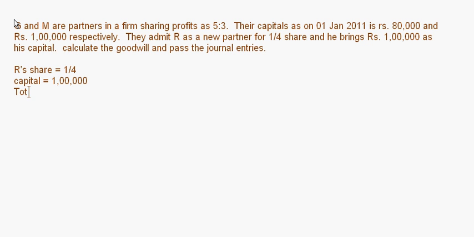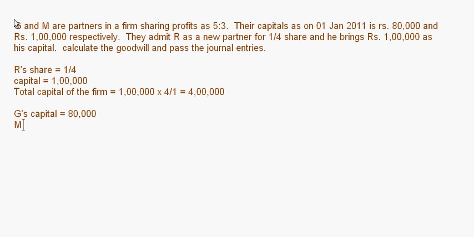So now you find out the total capital of the firm. That will be equal to 1 lakh into 4 divided by 1, that is equal to 4 lakhs. After that you add up the capitals of all the partners. Now G's capital is given as 80,000.